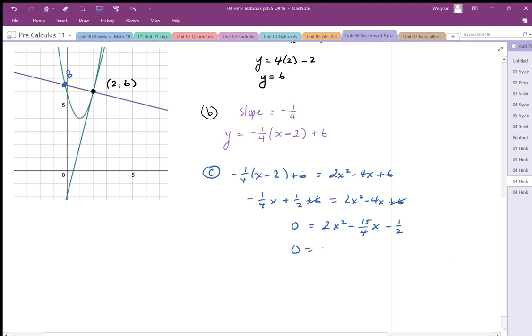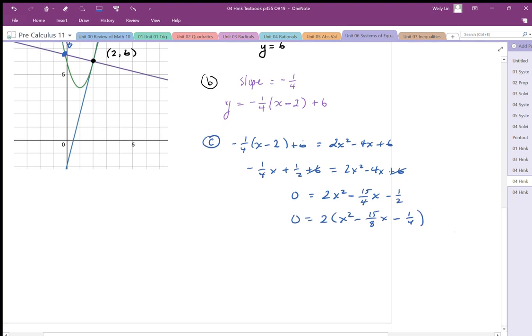So I'm just going to factor this out to deal with easier numbers. So x squared minus 15 over 8x minus 1 over 4. Okay, so working this out, I'm going to use the quadratic formula. So x is equal to 15 over 8 plus minus the square root of squaring that fraction.